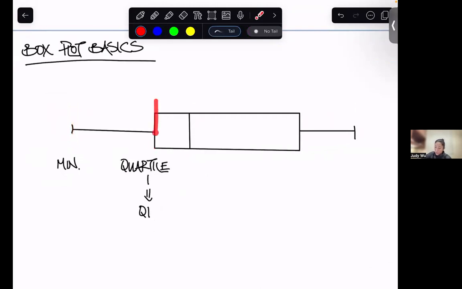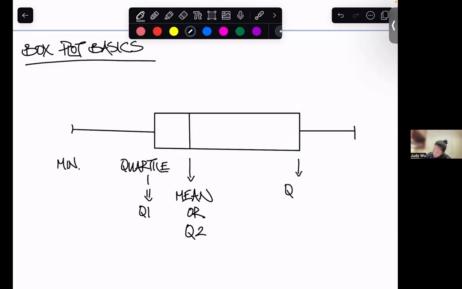And then another 25% is between the first line in the box and the middle line in the box, okay? This one is known as the mean, or sometimes we refer to it as quartile 2, right? Now, the next 25% of the data goes between the middle line and the right edge of the box, and this gives us quartile 3.